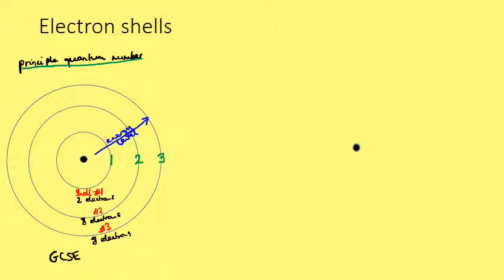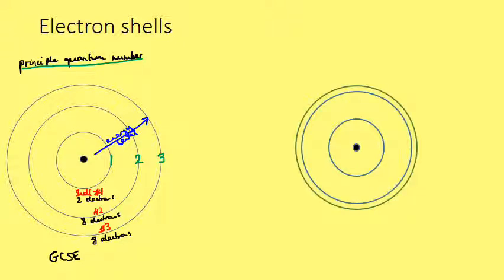So let's start with the nucleus again, and at A level, just like at GCSE, the first shell is spherical and exists with 2 electrons. And when we look at the second shell, what we need to appreciate is that the second shell consists of 2 subshells.